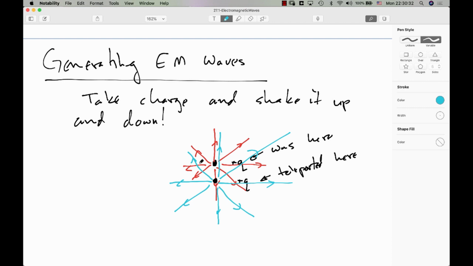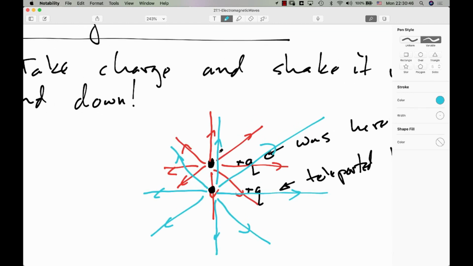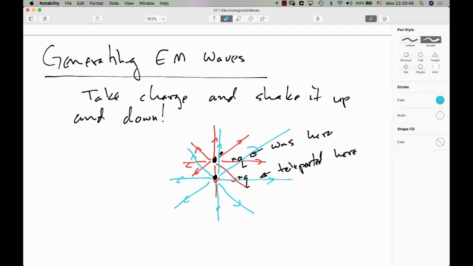But here's the thing. On careful inspection of the Maxwell equations, what you realize is that information about the position of the charges, remember, the field is a property of space itself, the information to space about the position of the charges can't propagate any faster than the speed of light.